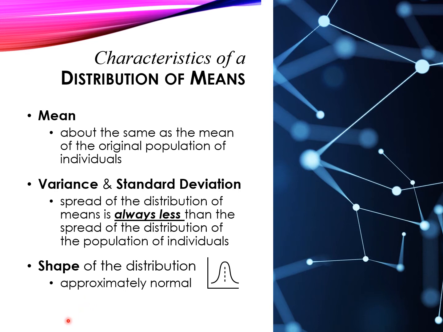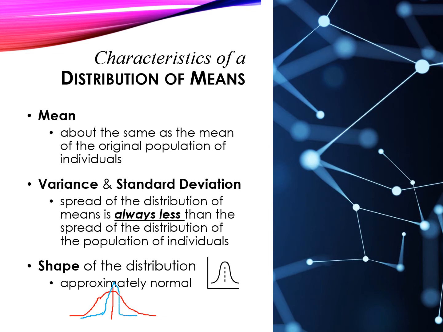And so what that means is that I'm going to grab a pen here so I can show you. So we have the normal curve. There's a normal bell curve where you have your mean going down the middle. When you have a distribution of means, instead of the population of individuals like this one, you would be around the same mean, but your variance is going to be very different.